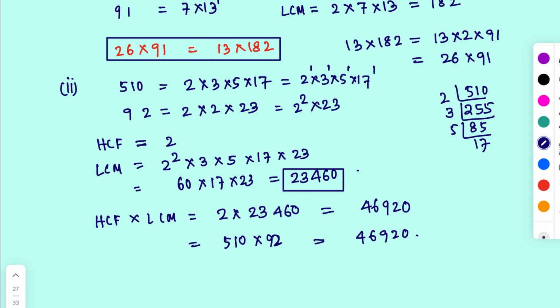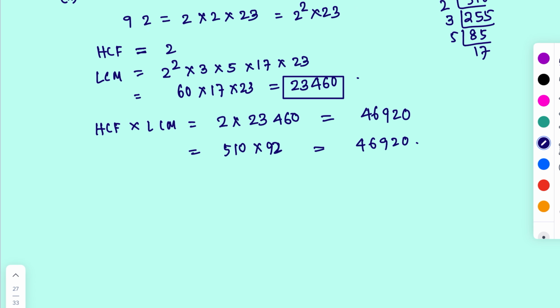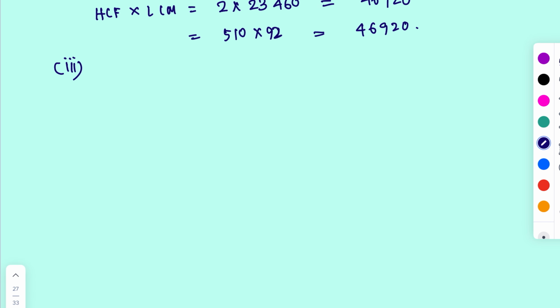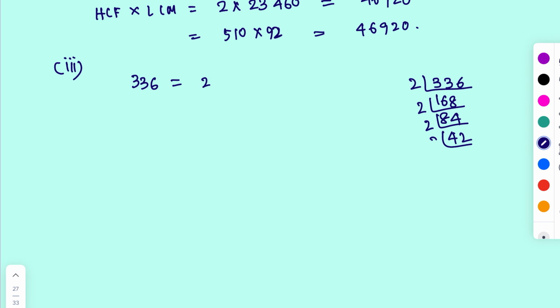Next is 336 and 54. For third one, 336 we have to do the prime factorization. 336 if we divide by 2, it will be equal to 168, divided by 2, it is 84, divided by 2, it is equal to 42, divided by 2, 21, divided by 3, it will be equal to 7.